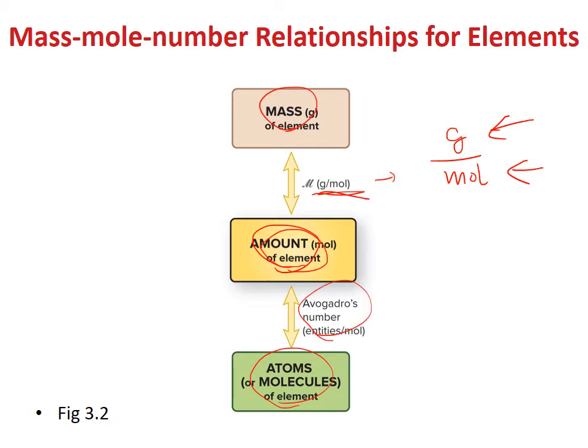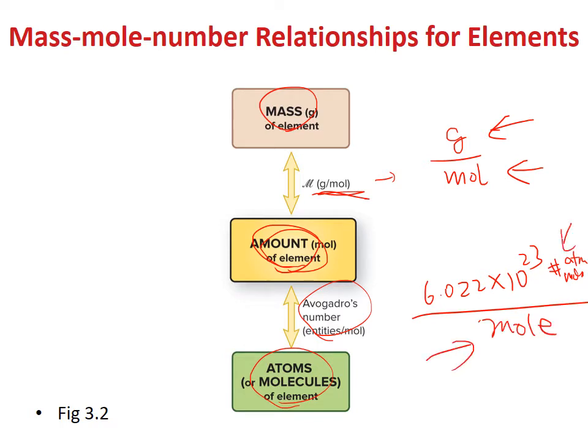Avogadro's number is 6.022 times 10 to the 23rd entities, maybe atoms, maybe molecules, per mole. So from moles to atoms or from atoms to moles, we can use Avogadro's number as a conversion factor.